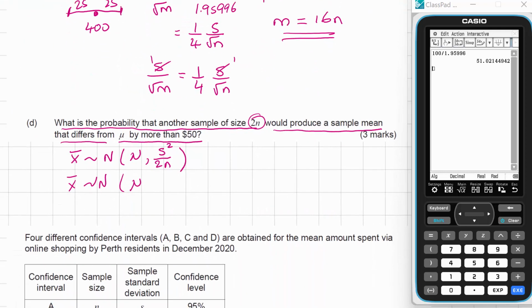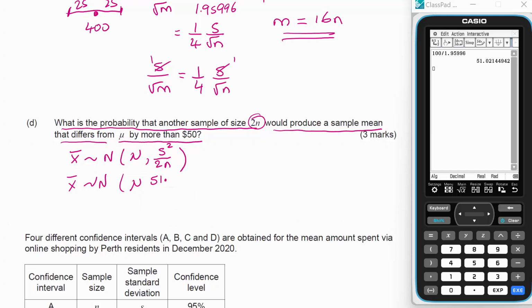So the variance is 51.02 squared divided by 2, because it's s squared over n.